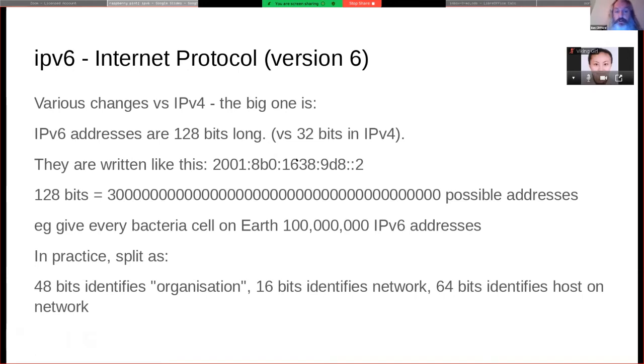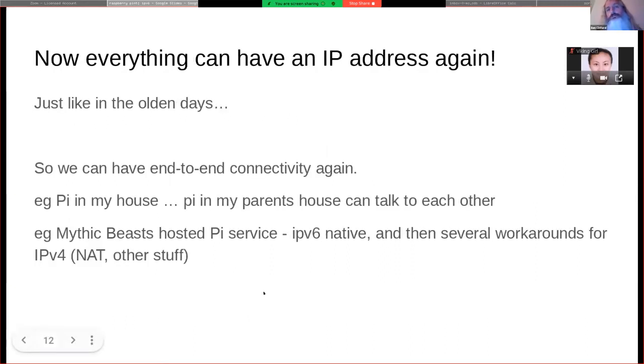But this line in the middle, 2001 8B0, that's an IP address on one of my home networks. So if you're doing that now, you can give all your devices a public IP address, just like in the olden days. And for example, the Raspberry Pi that sits on my shelf can talk to the Raspberry Pi that sits in my parents' house.